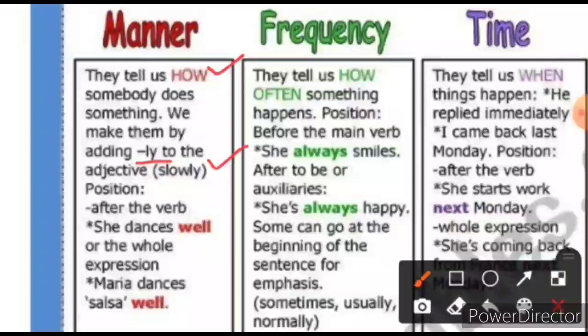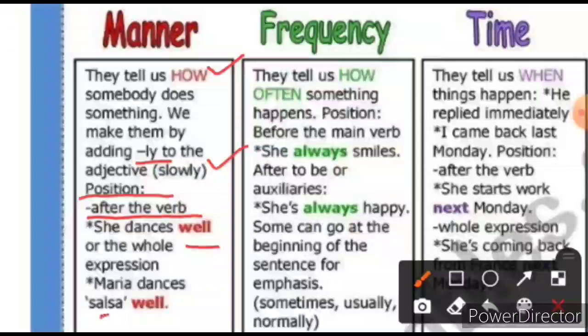Here the important thing is the position. Where are you supposed to put it? It comes after the verb. So for adverb of manner, the most important thing is that it comes after the verb. She dances well. Next is an expression, Maria dances salsa well.